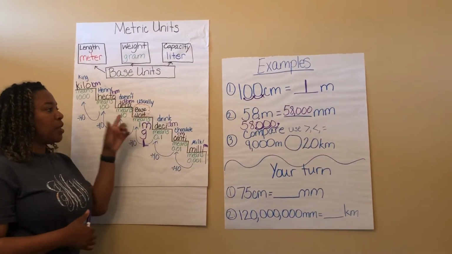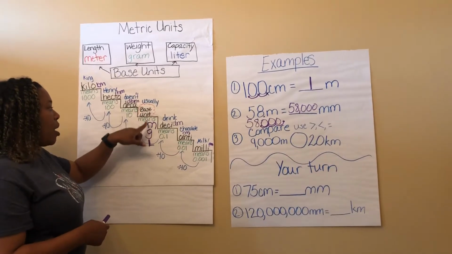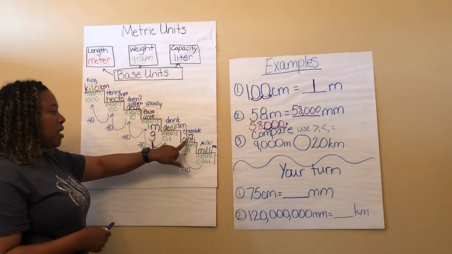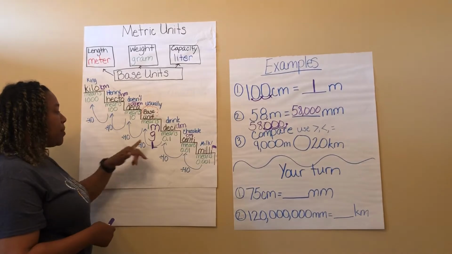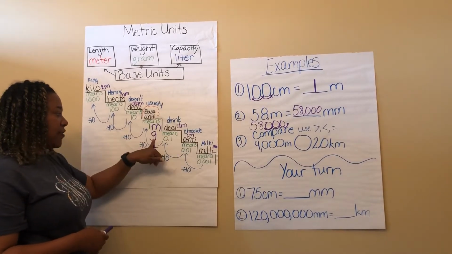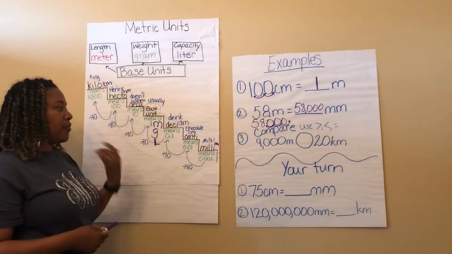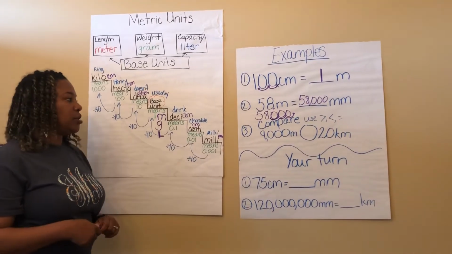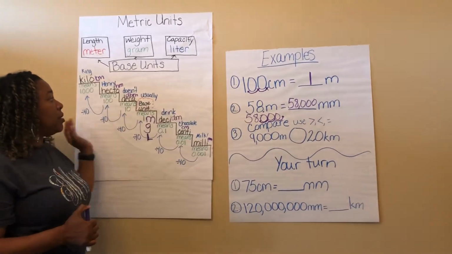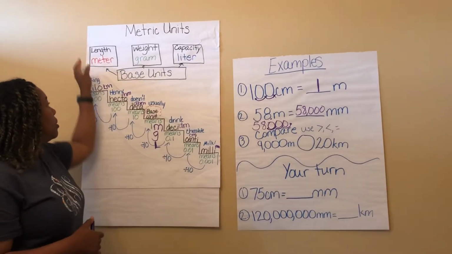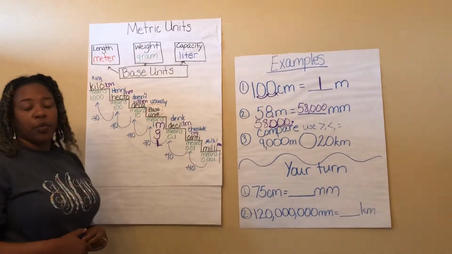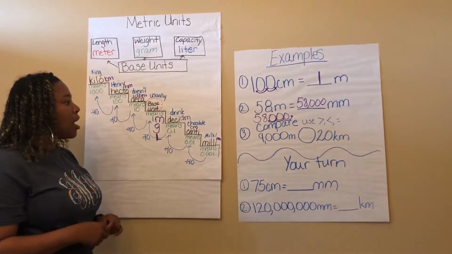All right, and I also want to point out that this won't always be DM, CM, MM. It could be DG for grams, or it could be DL for deciliters. It could be that way too. All right, but we just happen to be working with length right now. So we're working with meters. All right? Okay.